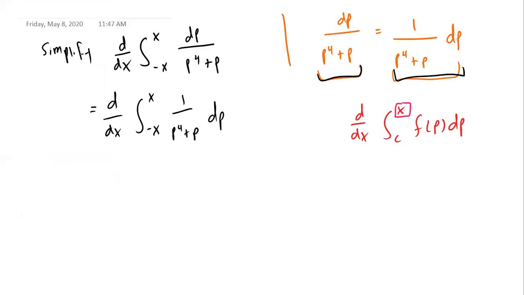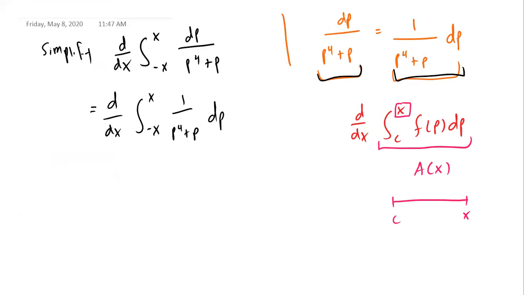Because remember that this thing here, this is by definition the area function. It's a definite integral. It's just the net area bounded by your function on the interval c to x. So you're looking at the interval here, c to x. So this is just the area function.